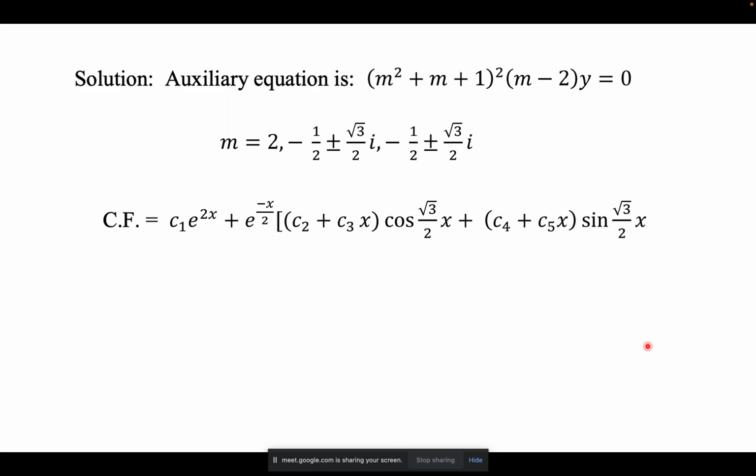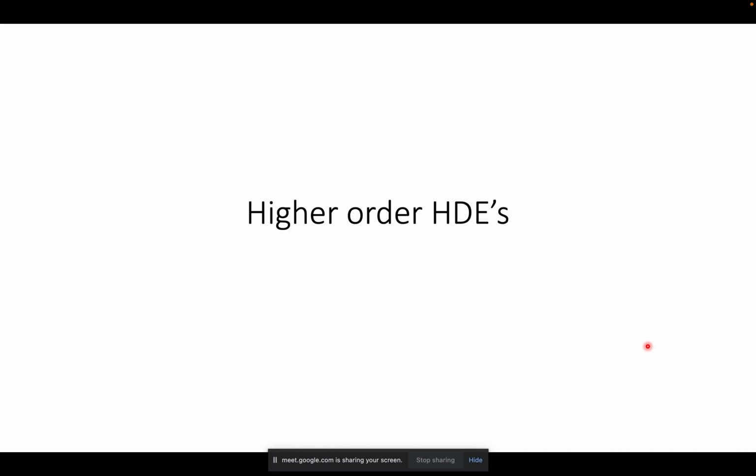I also tried to cover most of the week 2 lectures, because once you apply all these methods, like change of dependent variable or independent variable, you are left with a second order homogeneous differential equation, and then in order to solve this you again need to use the tools which you have learned in the week 2 lectures. So okay, this is all about today's tutorial.